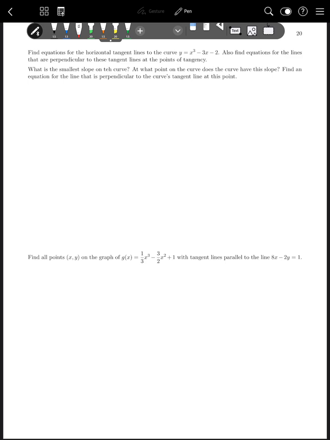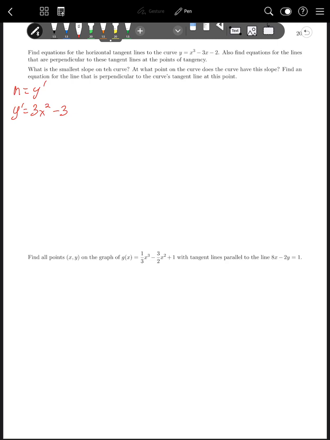Okay, so the first thing is we're talking about slopes of tangent lines, right? And so what you want to start out by doing is find the derivative, right? Because the slope of the tangent line is equal to the first derivative. So y prime here would be 3x squared minus 3.